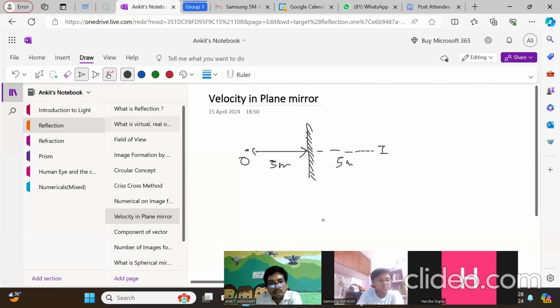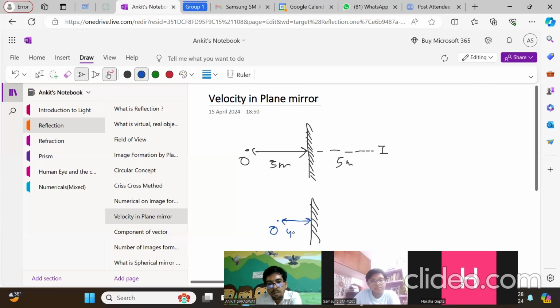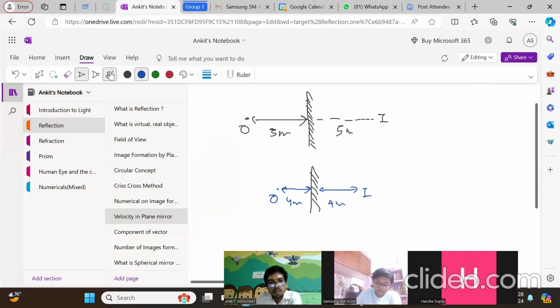Now imagine the object is 4 meter, then the image will be 4 meter. Now if the object is 3 meter, then the image will be 3 meters. Very good. Clear.